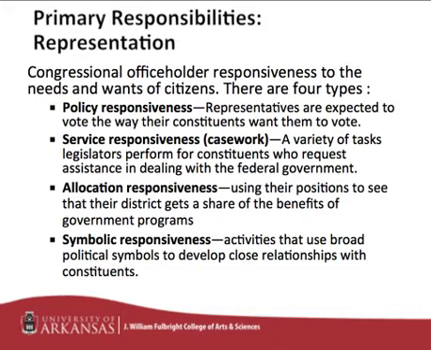Here, representatives are expected to vote the way their constituents want them to vote, whether they act as trustees making decisions on their own, but relying upon their insight and their interpretation of what's going on, their expertise, so to speak, or whether they're acting as delegates, just basically making the decisions that their constituents want, or some combination of these two, is up to the representative. But if the representative strays too far afield, then their constituents will let them know.